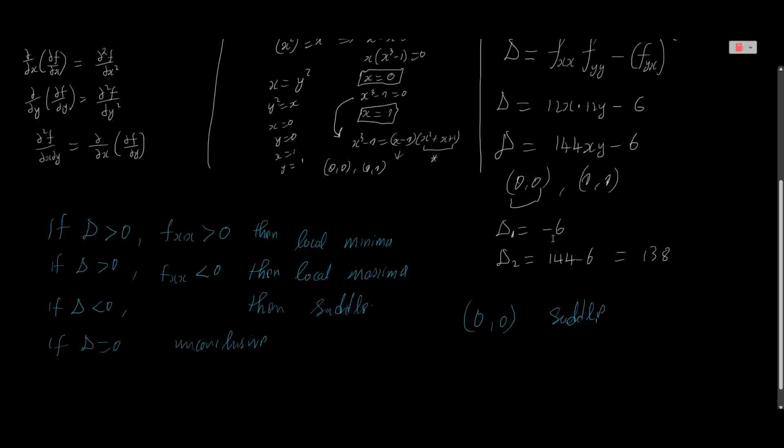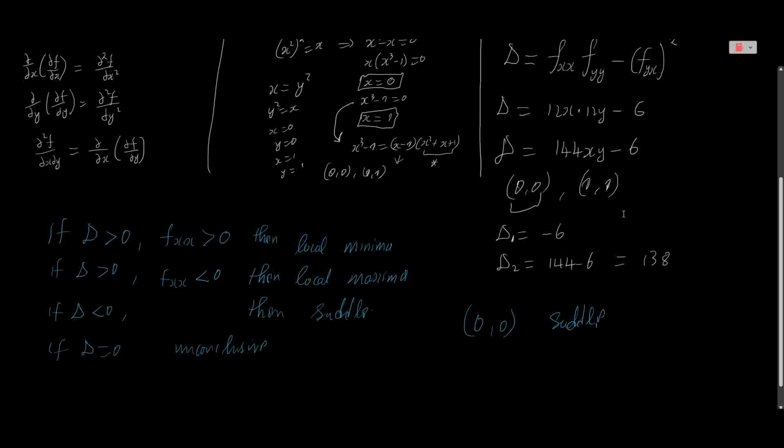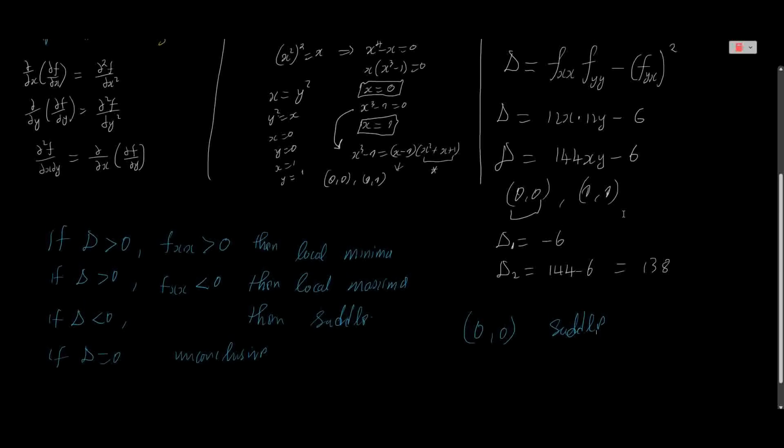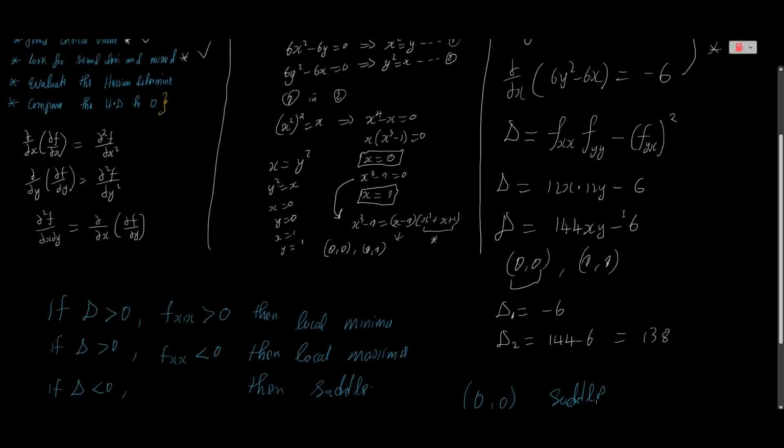We already saw that our Hessian determinant is greater than 0 for the second point. So what we need to look for is the value of our second partial derivative at this point.